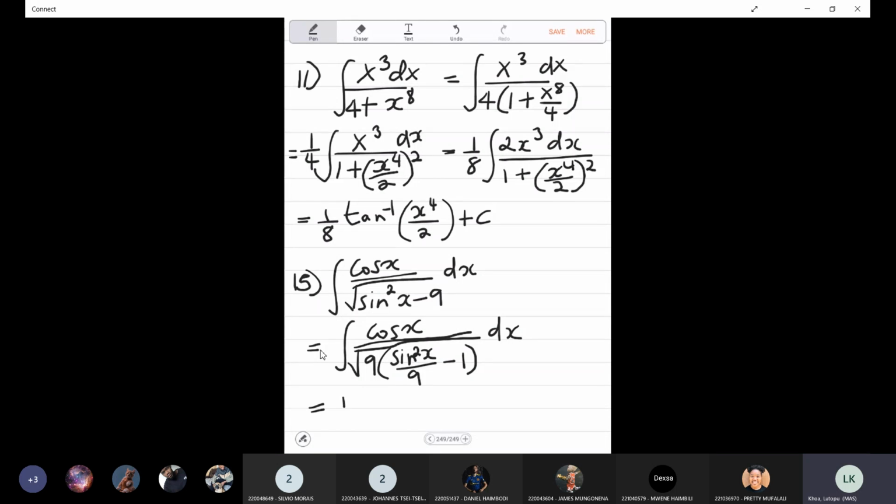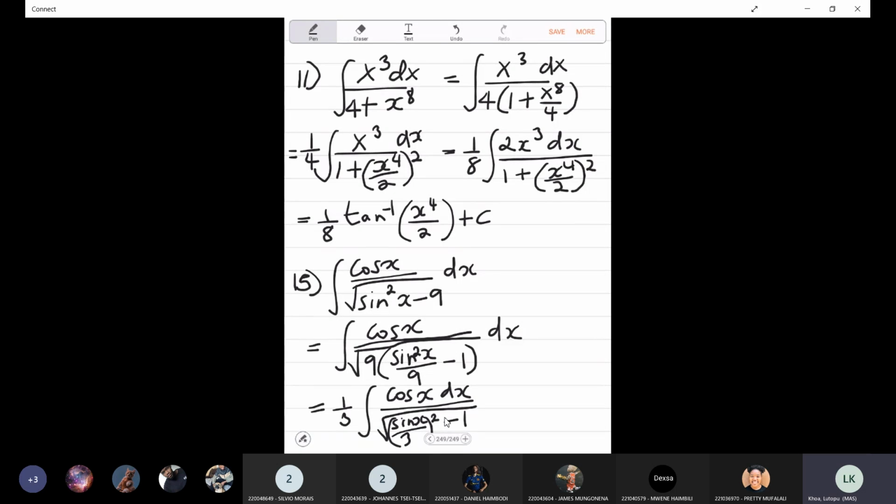So we have 1 over 3 integral of cos x dx over the square root. And then this 9, we want to make it part of the square. So this is sine x over 3, the whole thing squared minus 1. Okay, so now this is in the form that we want. The denominator, we have something squared minus 1, and that is the hyperbolic cos inverse.